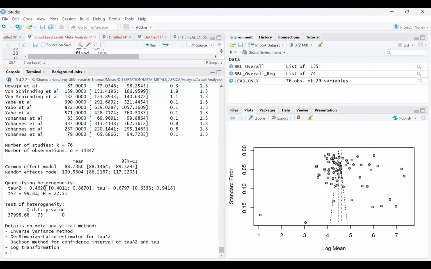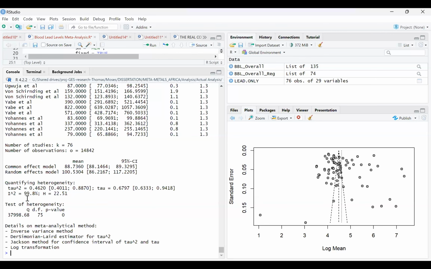That is the variance we are expecting here, with a confidence interval from 0.4 to 0.88, which is also very large. Then the tau, which is the standard deviation, is what you get when you take the square root of tau squared. It is the true variance across Africa, if you understand it that way.